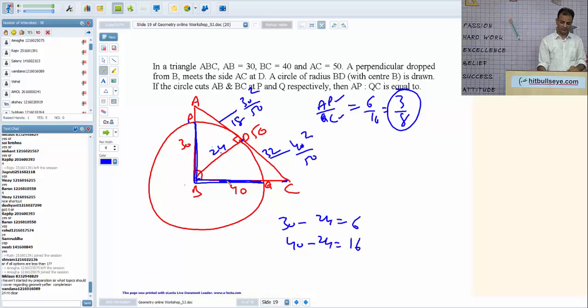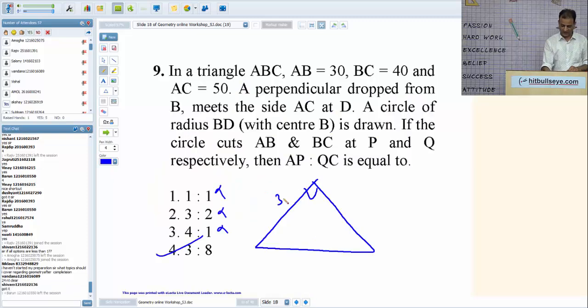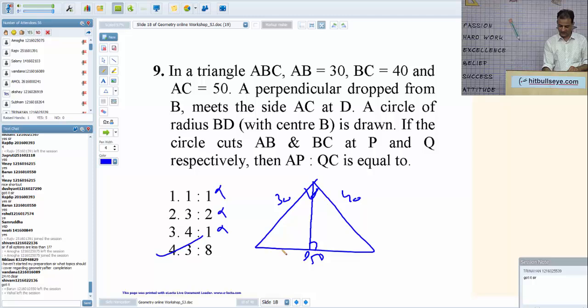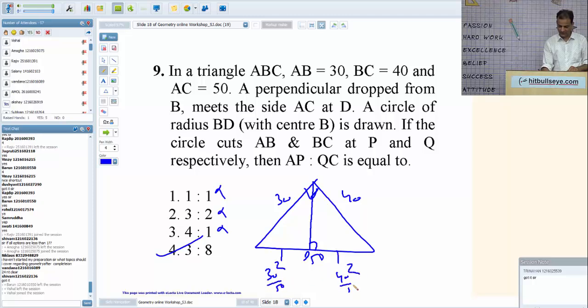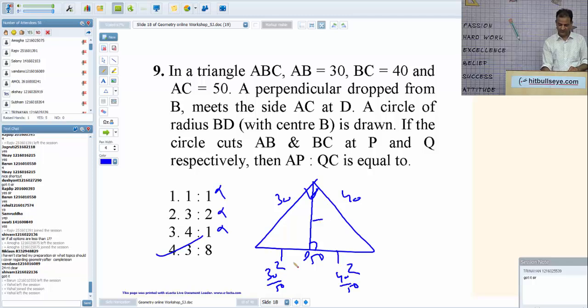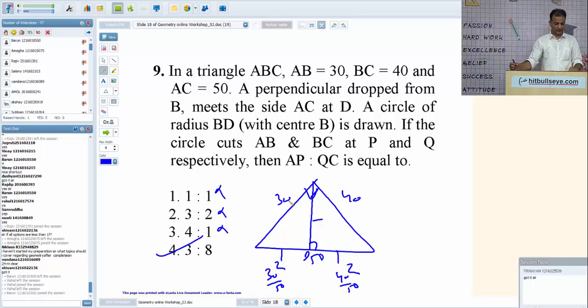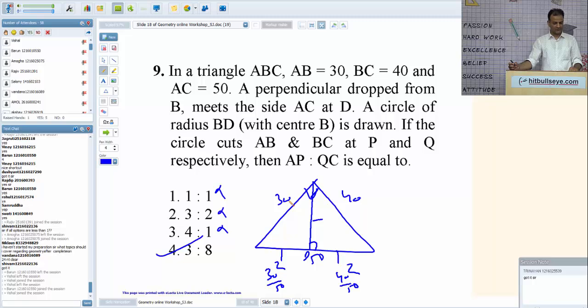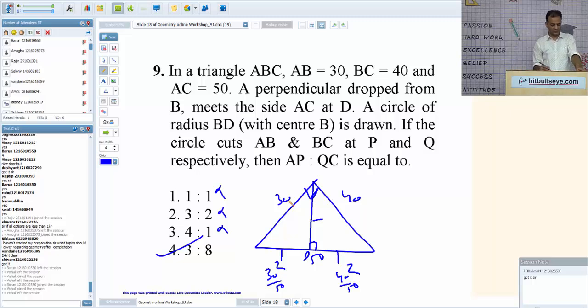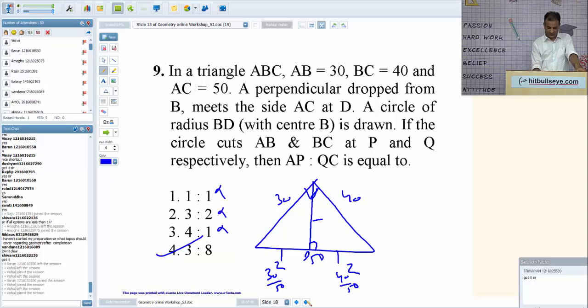We have already done the theorem. In the starting, 30, 40, 50, from there we have drawn the altitude. 30 square by 50, 40 square by 50, and this will again be in 3, 4, 5. Vandana, we are short of time, so you can see the initial part on YouTube.